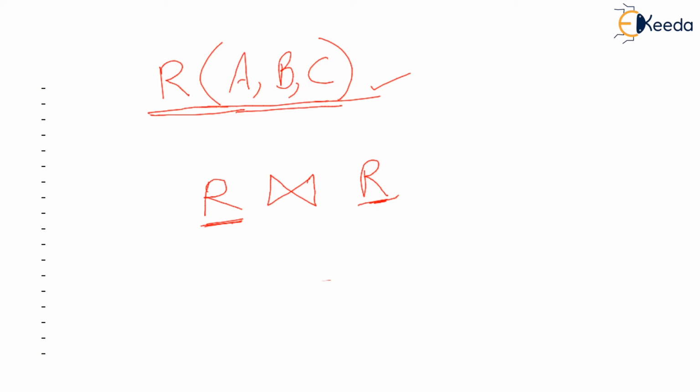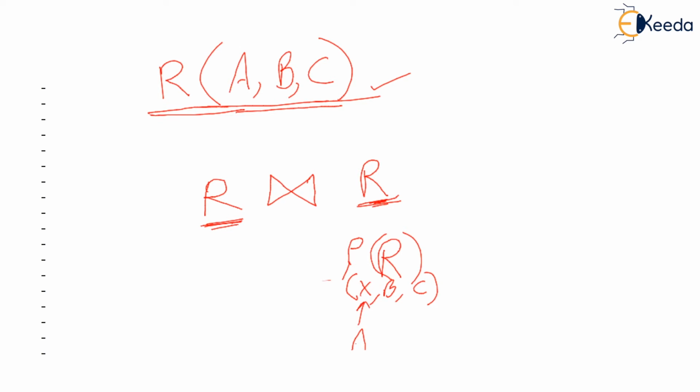So what you do is, when you write this R on the right hand side, you use the rename operator on R. And you say that in this table now, we have three columns, isn't it? A, B, C. Let us name them as X, B, C. So column A will now be known as X. But in this left hand side R, you leave it as it is.